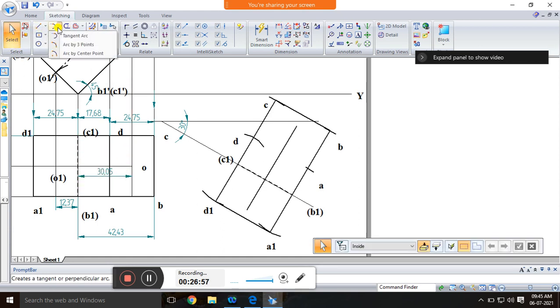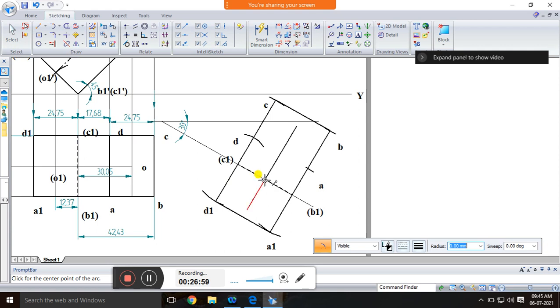Afterwards take the compass, place it here and cut first 12.37, or you just place it on this center and stretch up to O1, and you will get one arc intersection. And second, place it here and stretch up to O. Use the same radius, place it here and cut the arc.